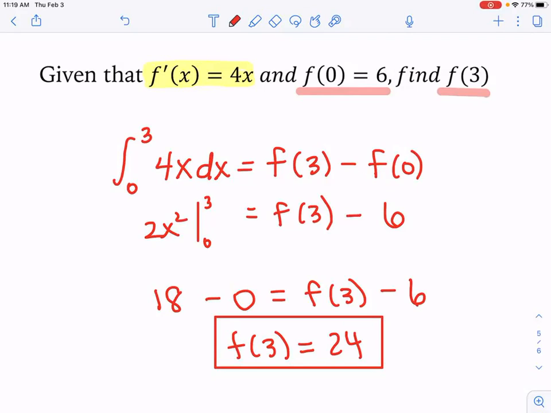And we'll look at that next week. But I want you to practice doing this this week. Why did I choose 0 to 3? Because I was looking for f of 3.